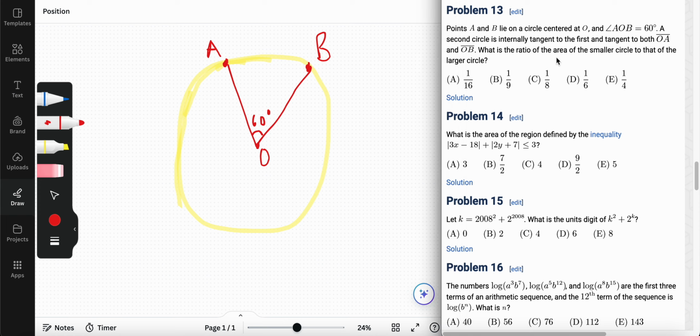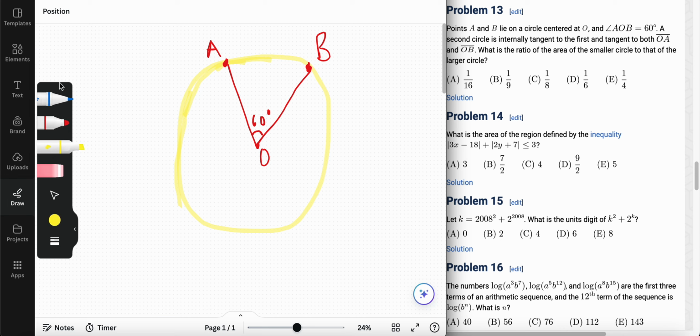The second circle is internally tangent to the first, so the circle is tangent to this, this, and this. I'll use blue to draw this circle. Okay, I have to draw it again. I'll just redo the whole thing.